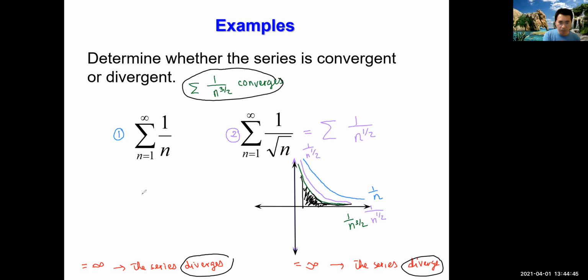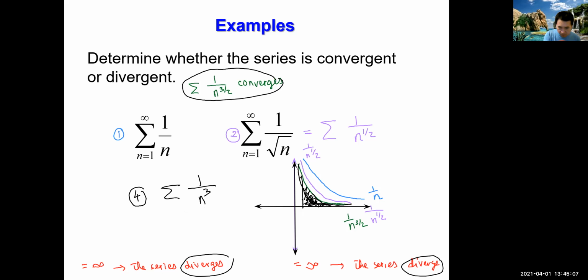If I change the problem, say number 4, what's the integral of 1 over n to the third power? Then your graph is 1 over x cubed. We do the integral test, it's going to be like this, but it decreases to 0 very quickly. So the area is even smaller, the area is finite, therefore this converges.